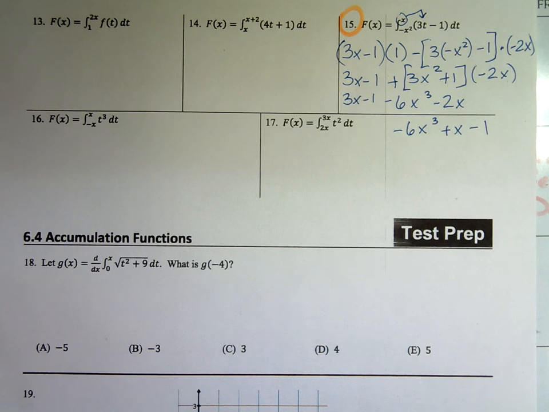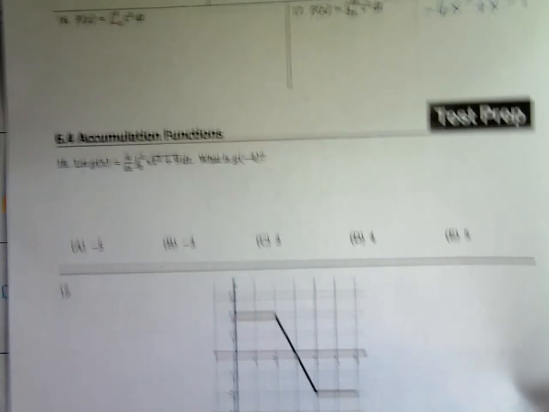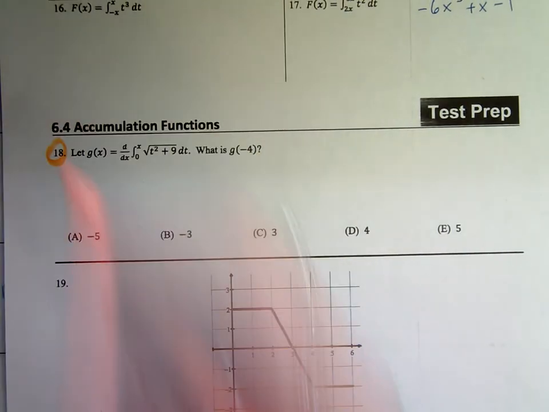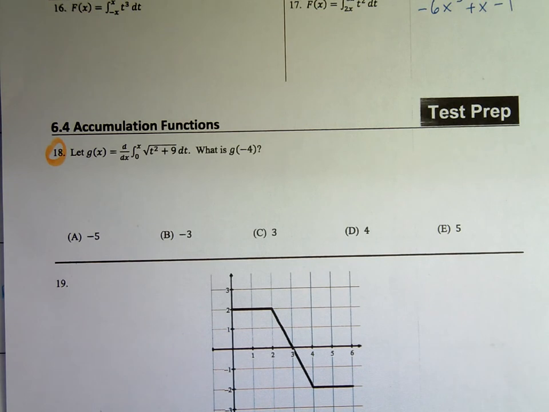All right. I'm looking to see, let's do 18. 18 will be the last guy, our test prep here. So 18 it is, multiple choice. Let g of x equal the derivative of the integral from 0 to x of the square root of t squared plus 9 dt. What is g of negative 4?